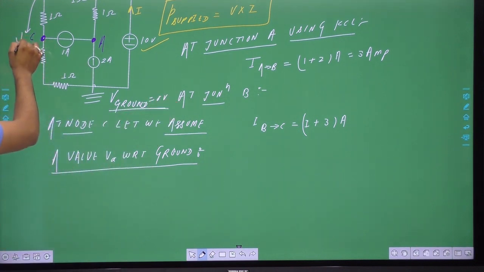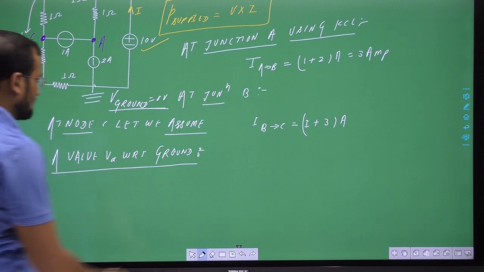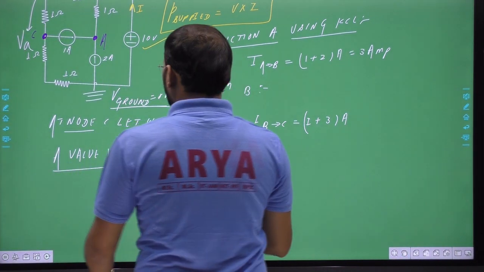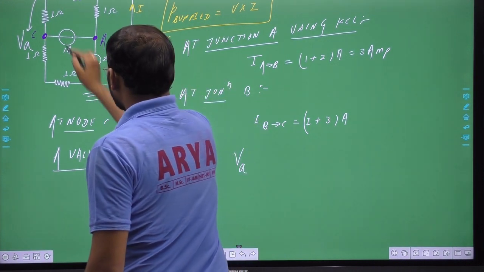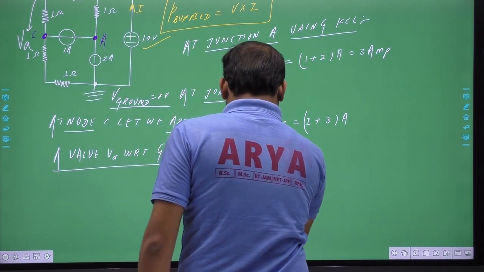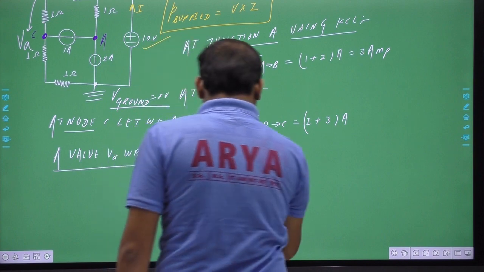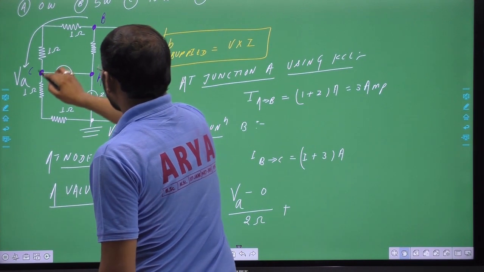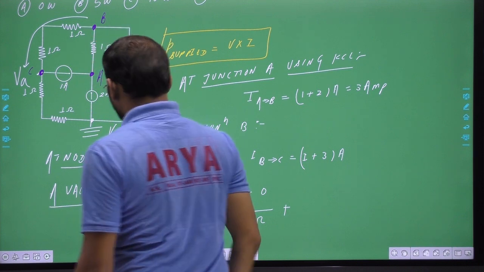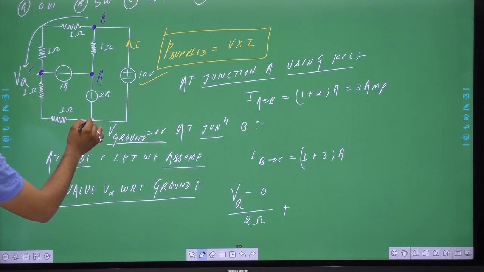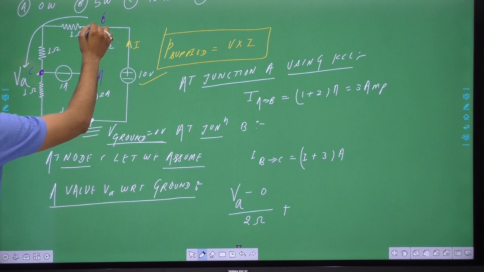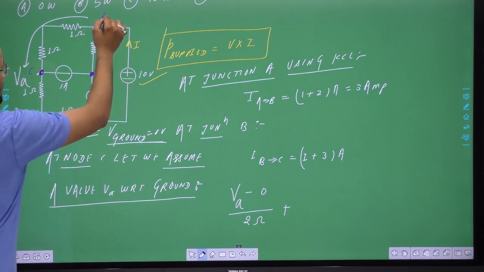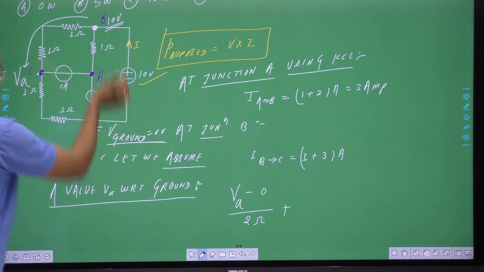So if we apply node analysis at VA, then (VA minus 0) divided by the sum of the resistance in its path, which is 2 ohm, plus (VA minus 10). Why 10 volt? The value of the voltage at node B with respect to ground is 10 volt, which is already given.